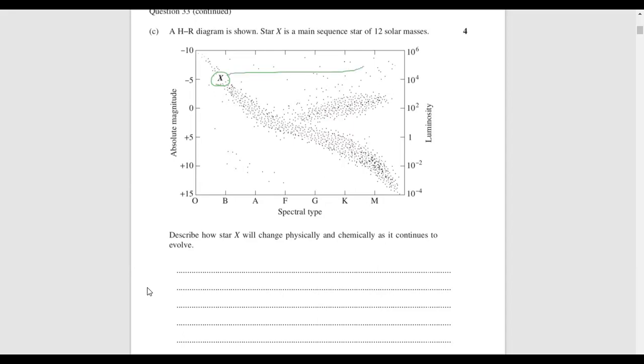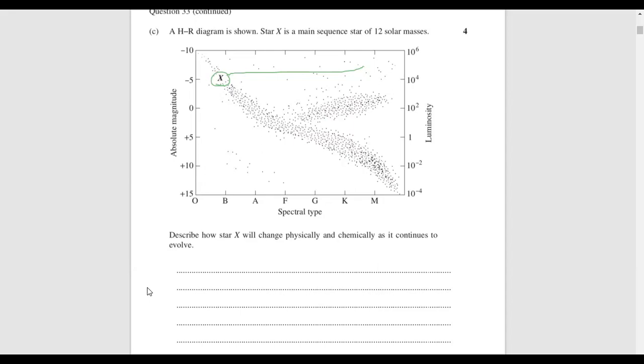It'll become a red giant, which will be quite bright and quite large while it fuses the helium into carbon and so forth. Then as the temperature gets hotter, it will keep fusing until iron because of the mass defect. Ultimately it will create a supernova and then form a black hole. So that's the general description.